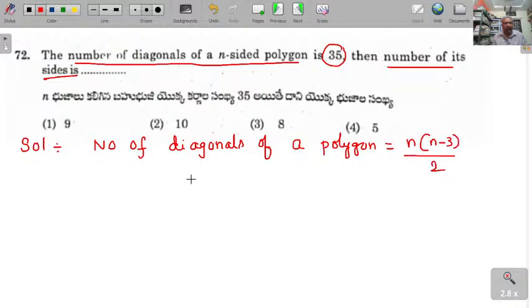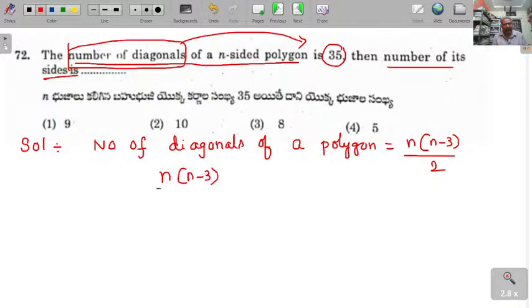But according to the problem, the number of diagonals is given as 35. So n times n minus 3 by 2 is equal to 35. By cross multiplication, n times n minus 3 is equal to 70.